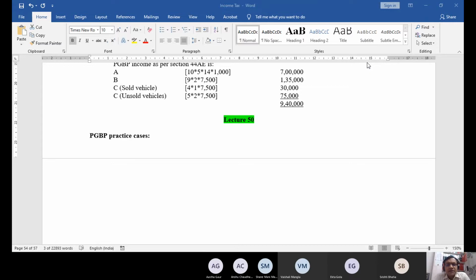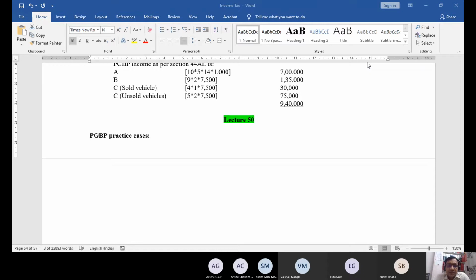I told you in the last class how you will get such questions. You will be given a P&L account in the examination at any level. That P&L account is prepared by following the provisions of the Companies Act. When the same P&L account goes to the tax department, you have to simply apply the rules of the tax department. We will simply rectify that P&L account; it is just like a reconciliation of cash book and passbook.